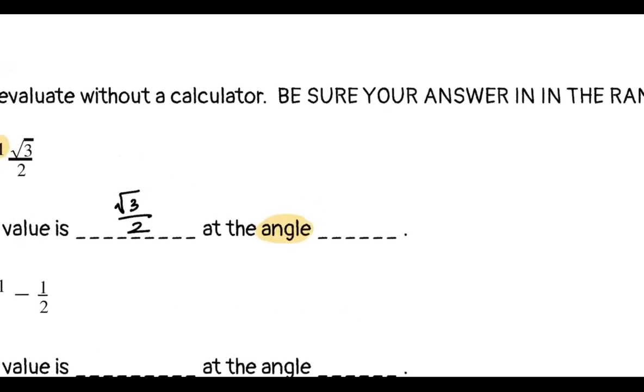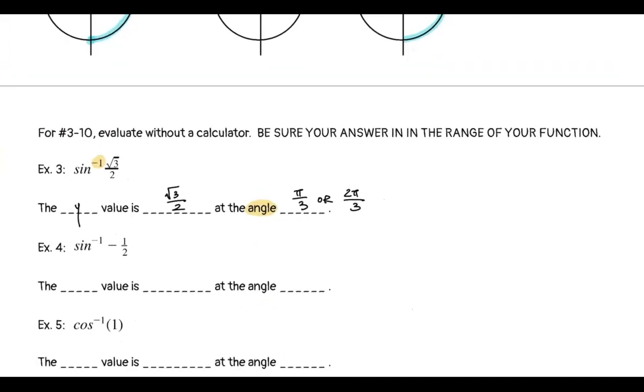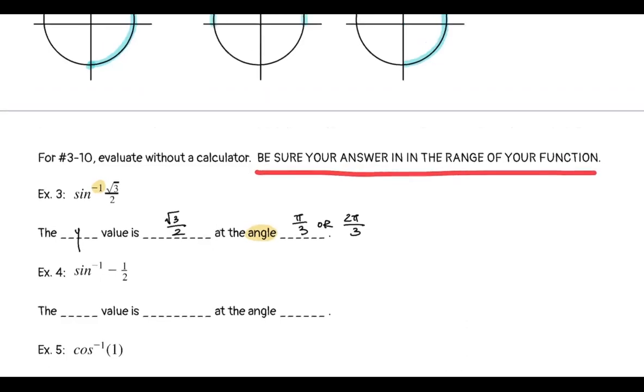Okay, so we've got, let's see, how should we write this? Pi over 3 or 2 pi over 3, right? That was the way we answered this question last week. But in all capital letters, I said, be sure your answer's in the range of your function.